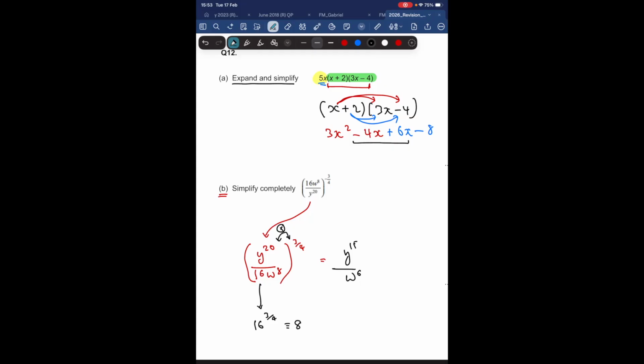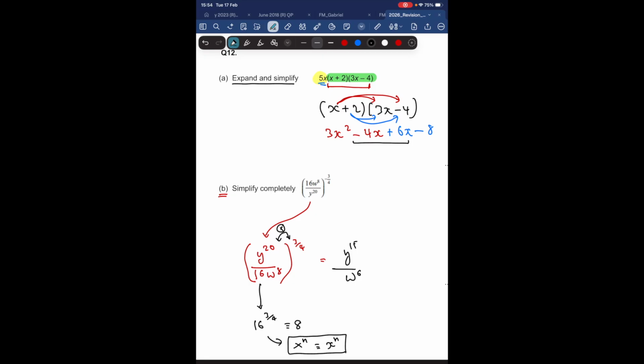So it's not 16 times 3/4, it's 16 to the power of 3/4. Just as a recap, you will need to use the power button on your calculator to work it out. So 16 to the power of 3/4 will give you 8.